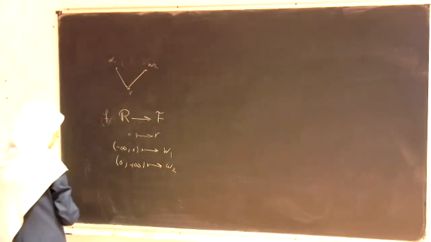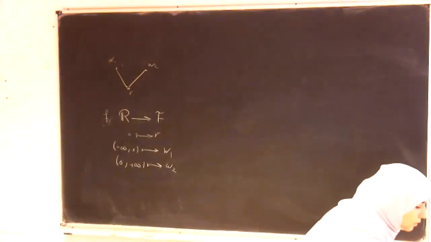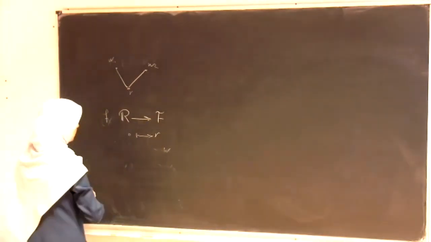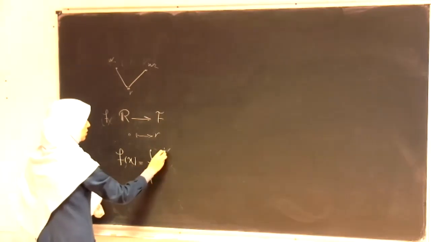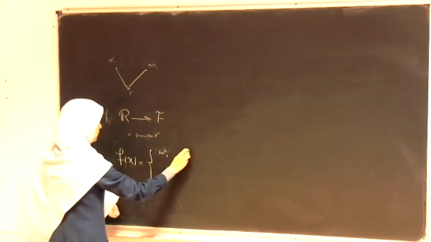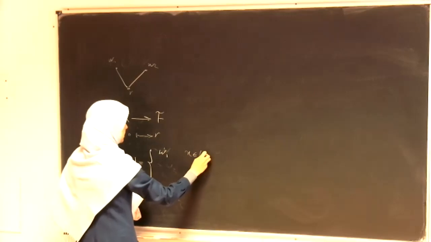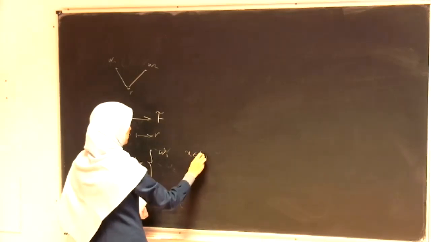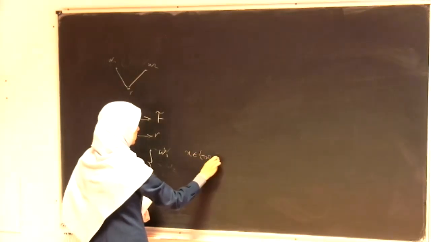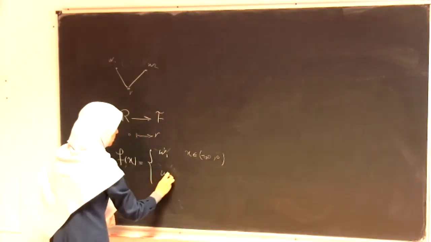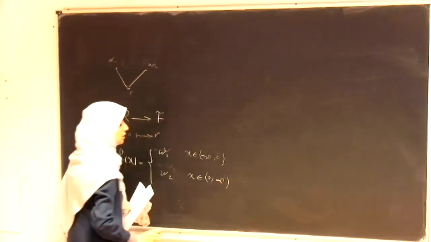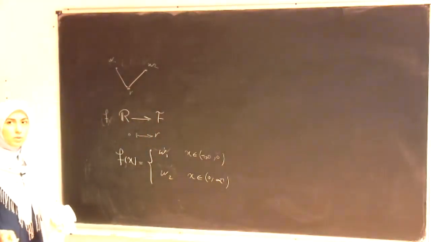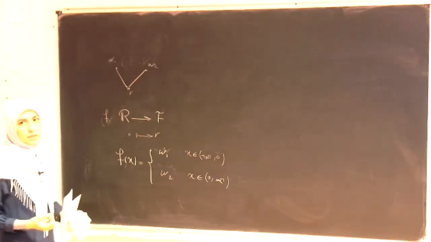It's better to write it in this form: W1 if x is in this interval, and W2 if x is in this interval. So in this case, we can define f very easily.